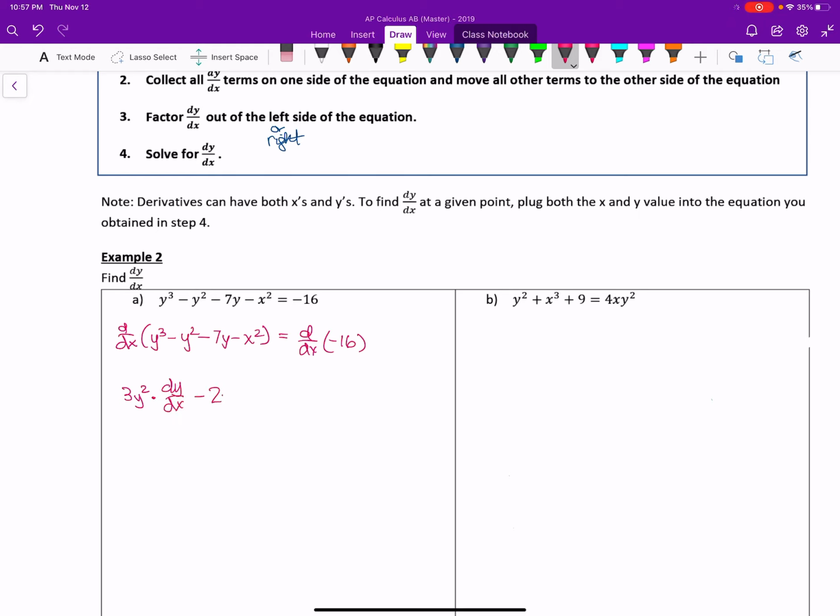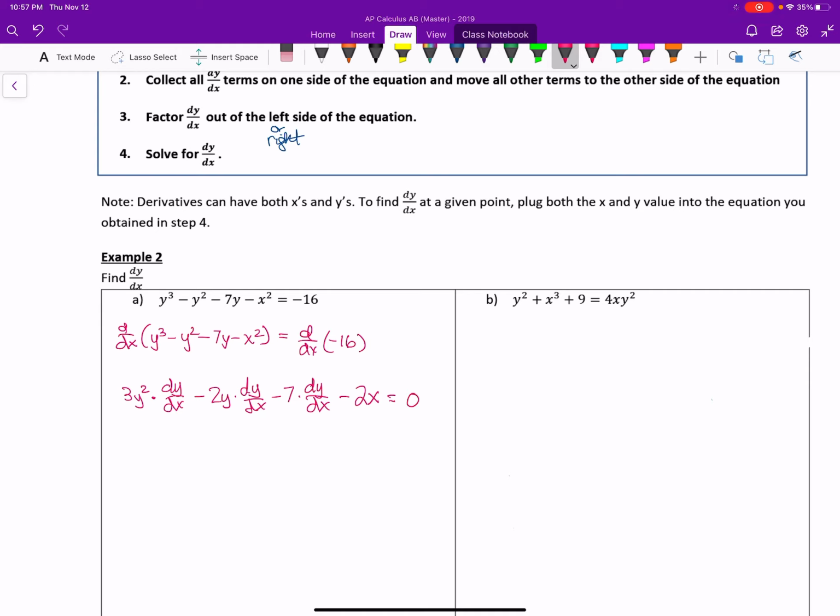Minus 2y, again using the chain rule, I get dy dx. Minus 7, again using the chain rule, dy dx. Minus 2x, but in this case, using the chain rule, I would get dx over dx, which is just 1. I'm not going to write that.